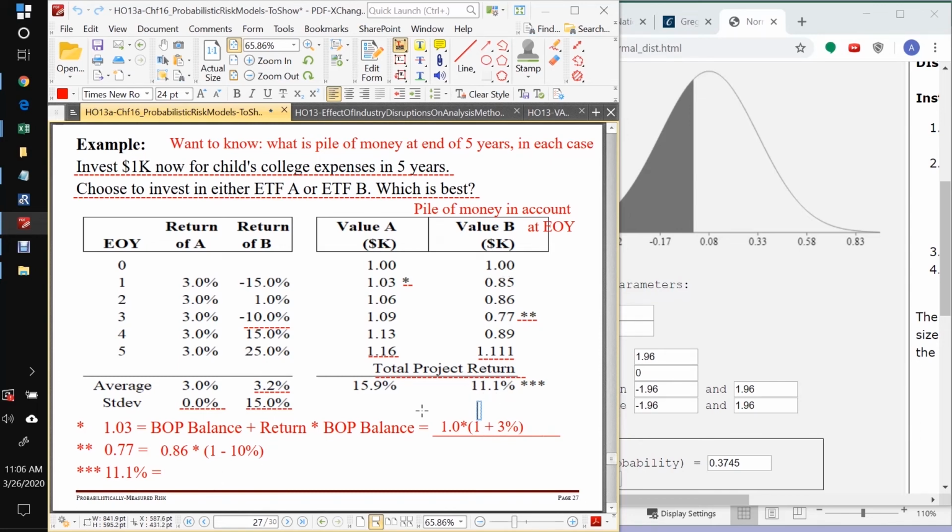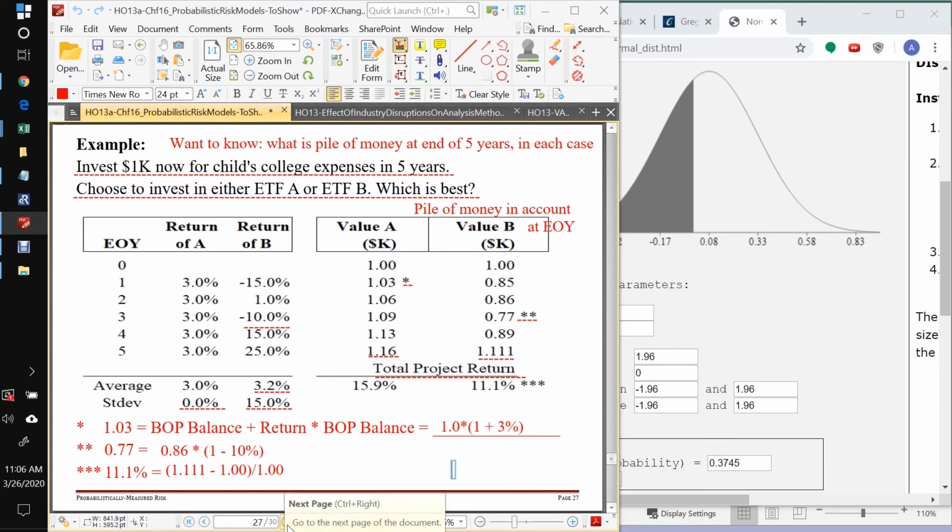So for our 11.1% return here, how did I get that? Fairly straightforward, just like in the same way we computed our annual returns for the SPY index here. I have 1.11 minus 1.00 divided by 1.00. And that clearly, that's 11.1%.